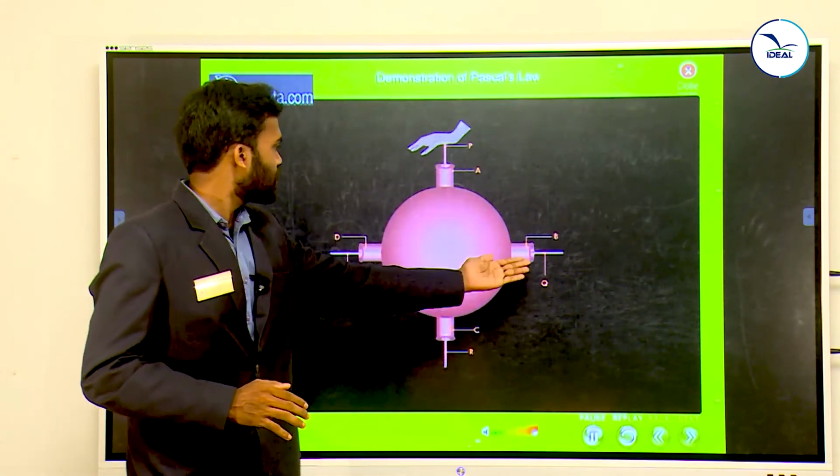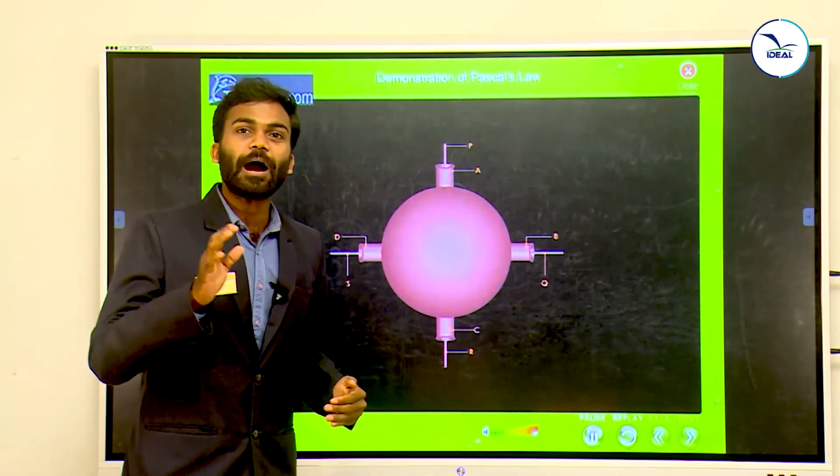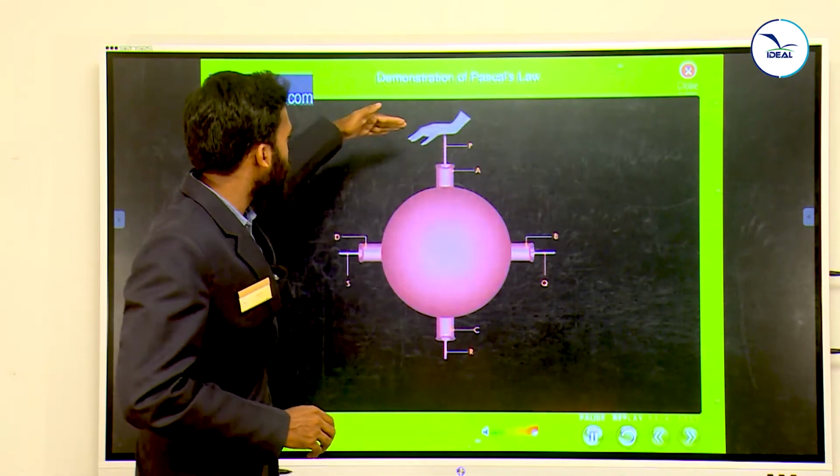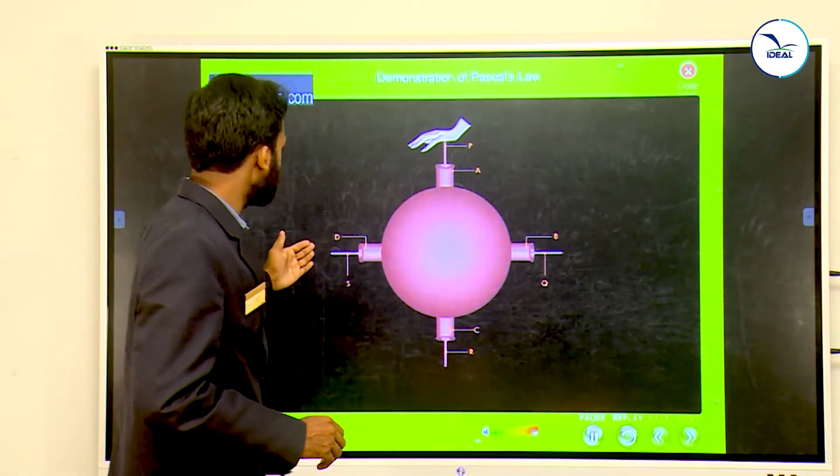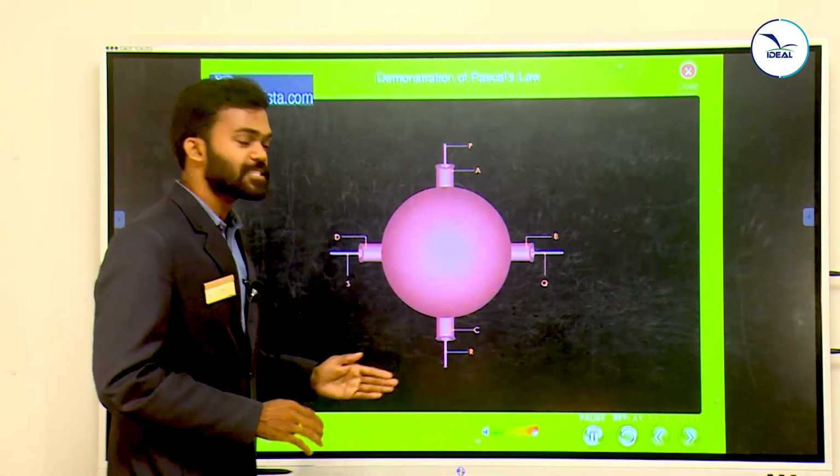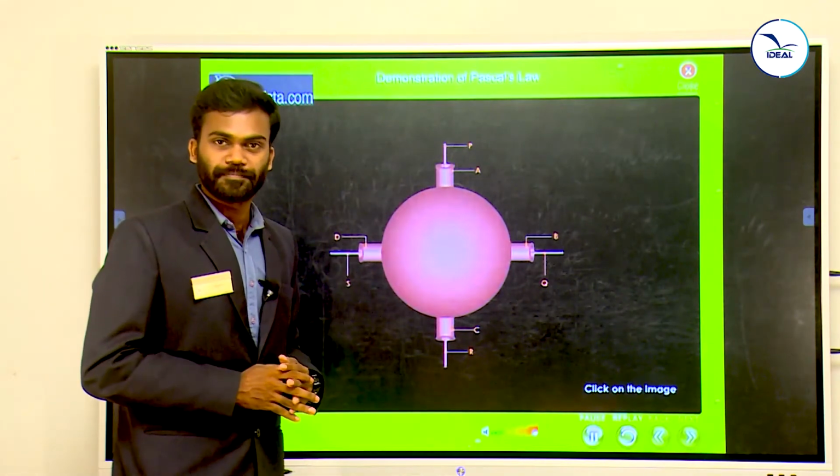See, while we apply a force at any end, the other pistons move outward.